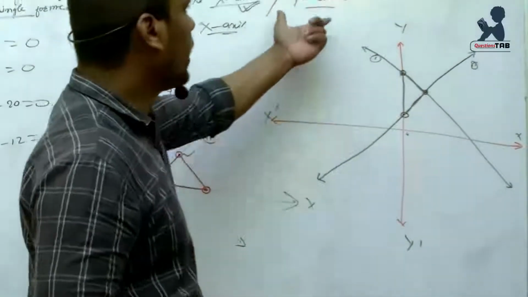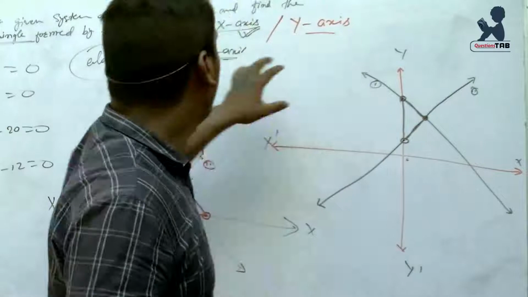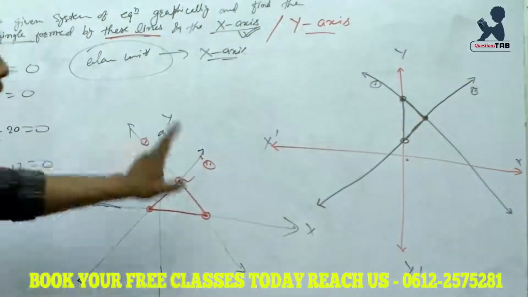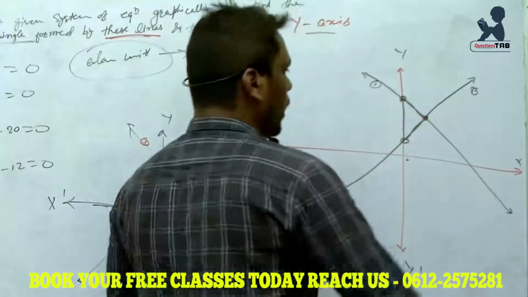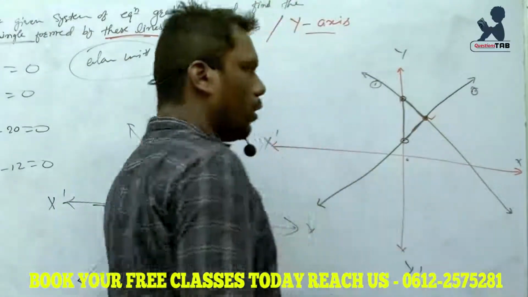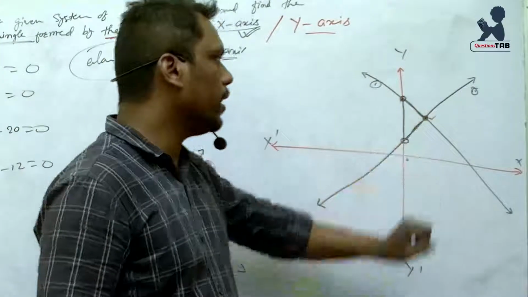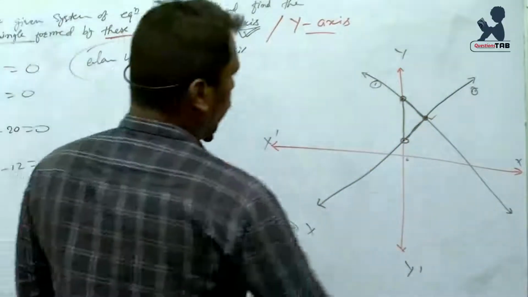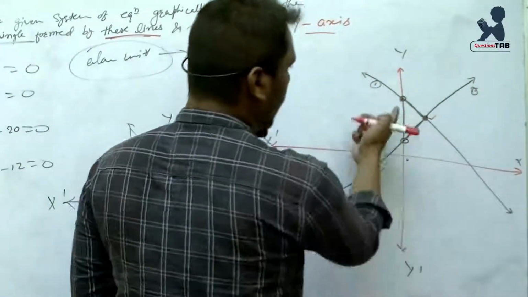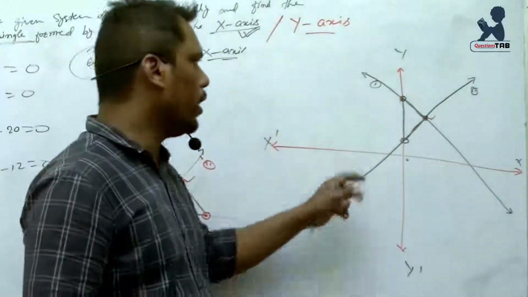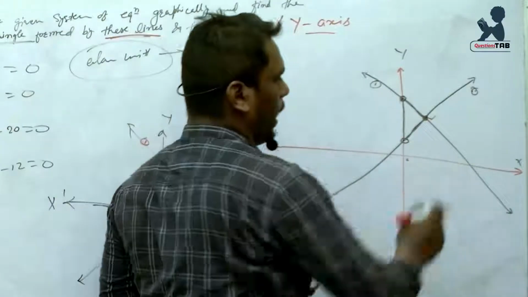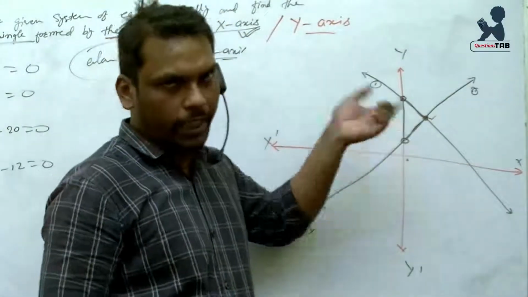So when I give you the y-axis apart from the x-axis, then you have to find 3 points: the cutting point of both the lines, the cutting point of the first line with the y-axis, and the cutting point of the second line with the y-axis.